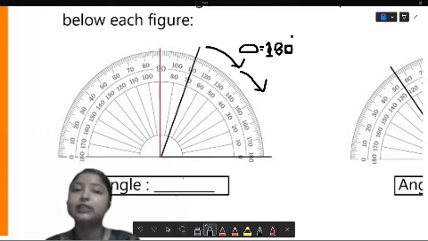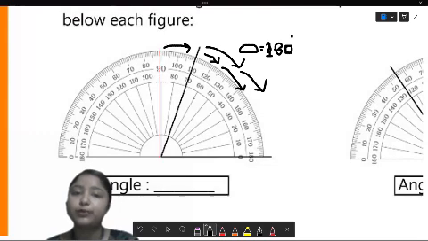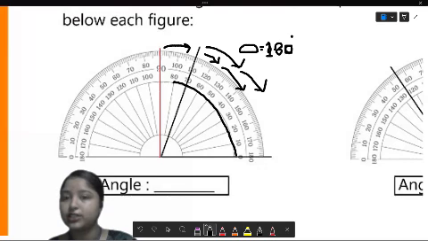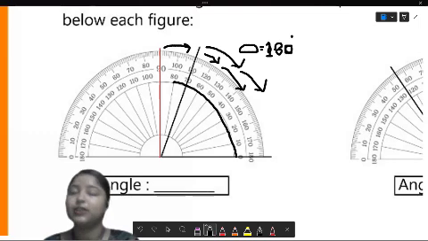So when an angle is leaning towards the right side, the inner side of a right angle, then we use the protractor's numbers that are at the bottom. As you can see, the numbers at the bottom are 0, 10, 20, 30, 40, 50, 60, 70, and 80. We use that.